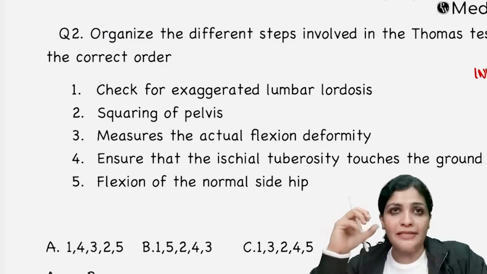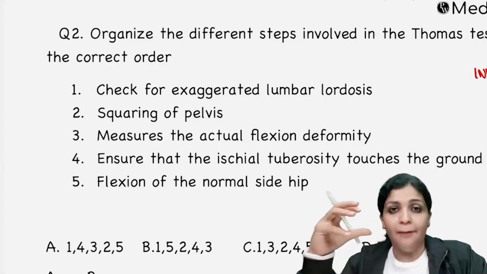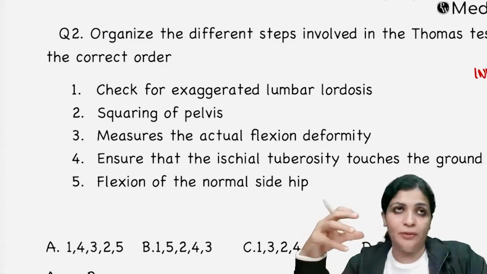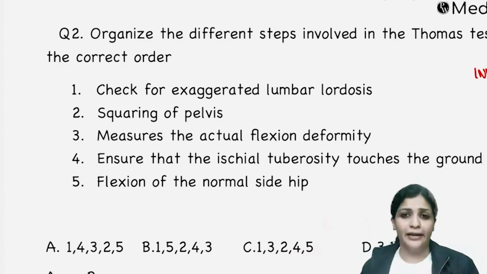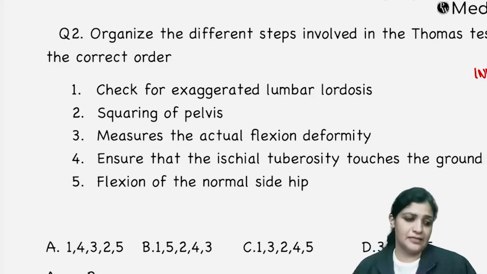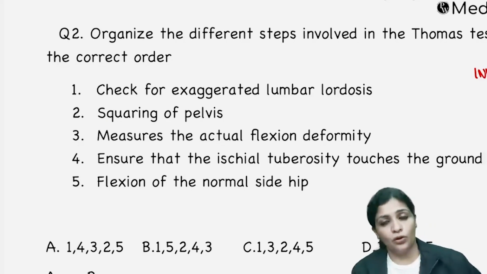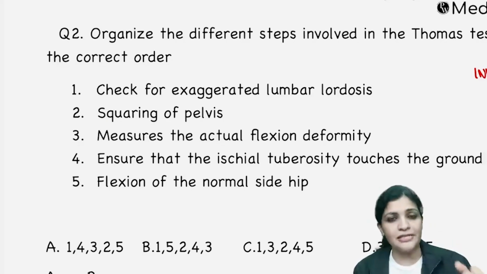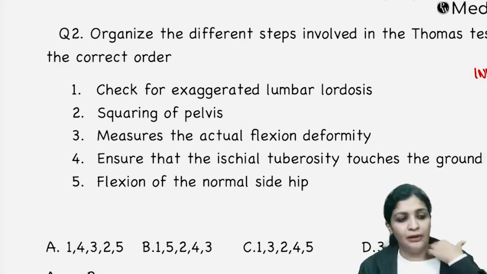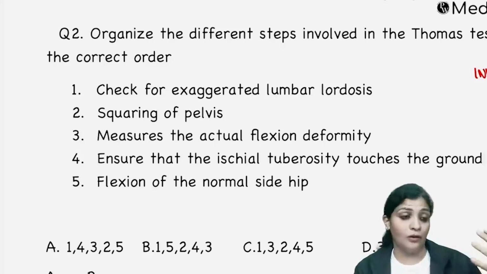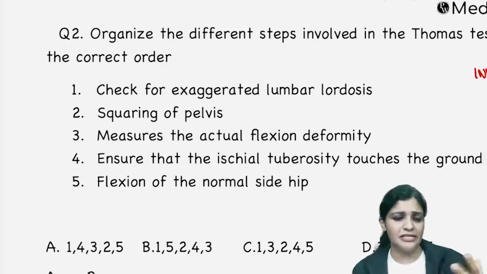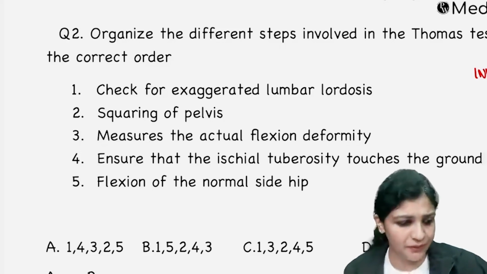Here the muscle doesn't actually go into fibrosis, but because of weakness, or because the sphericity of the head is lost, or because of loss of movements, the flexion deformity occurs. The spine doesn't try to compensate so much in the contracture. But if it is an initial stage, probably you can identify it.